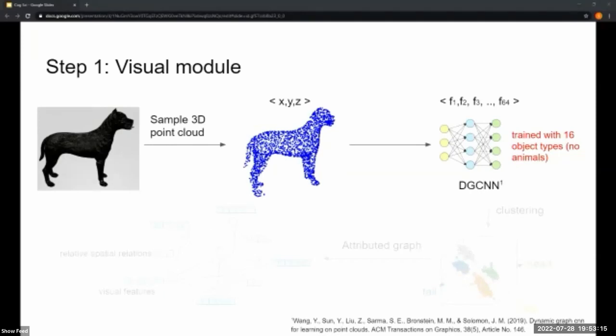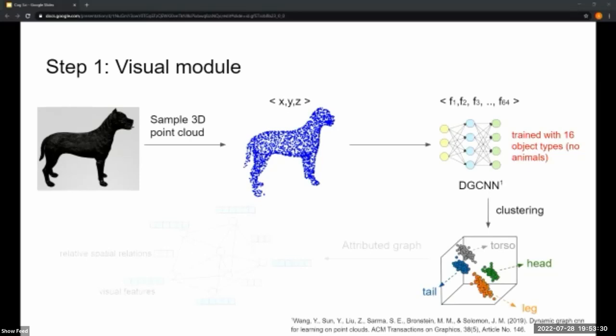We think the feature captures the local geometric properties, and we use it as the visual features in our later structure. Then we cluster the point features into a number of parts, and ideally each cluster should represent a part of the object. For example, in this case, the blue one might indicate a tail, and the orange one a leg.